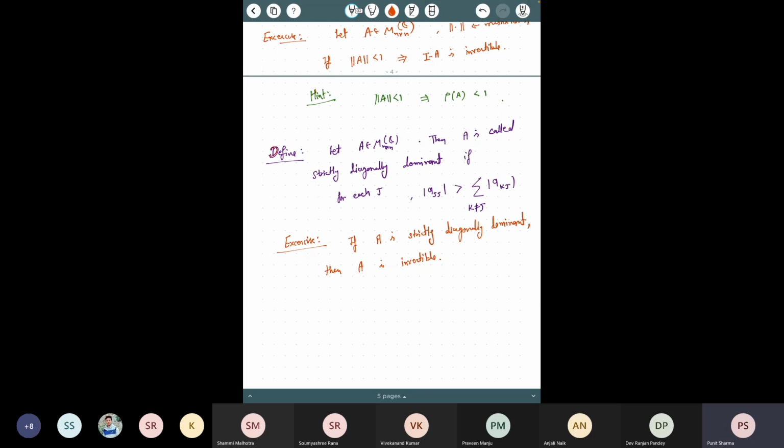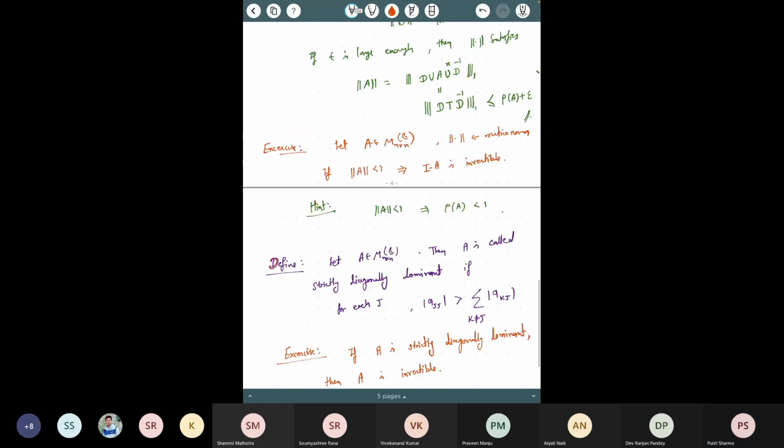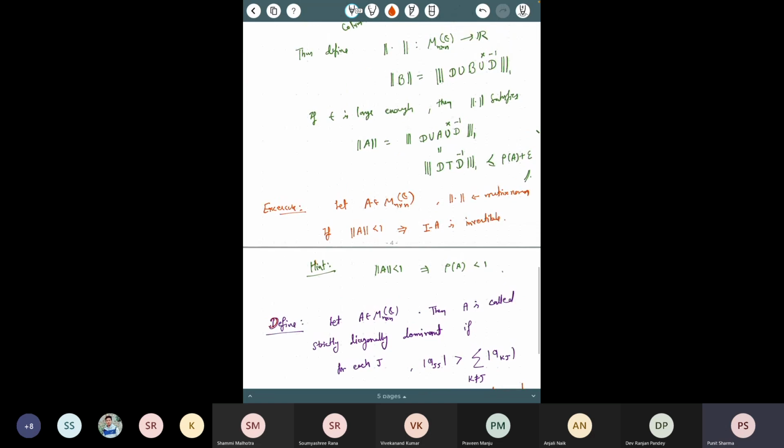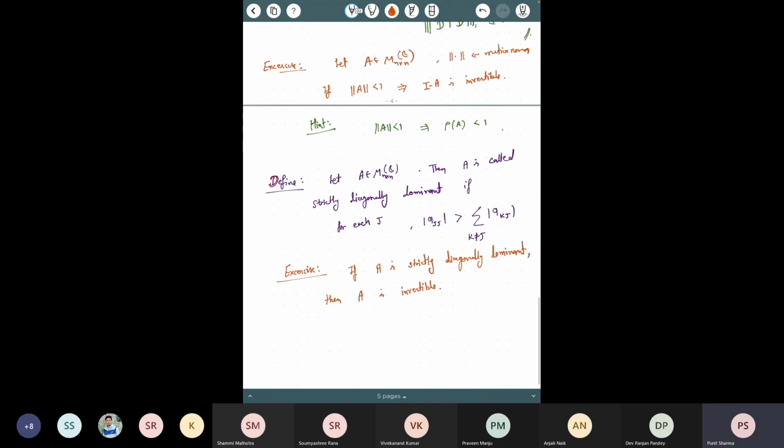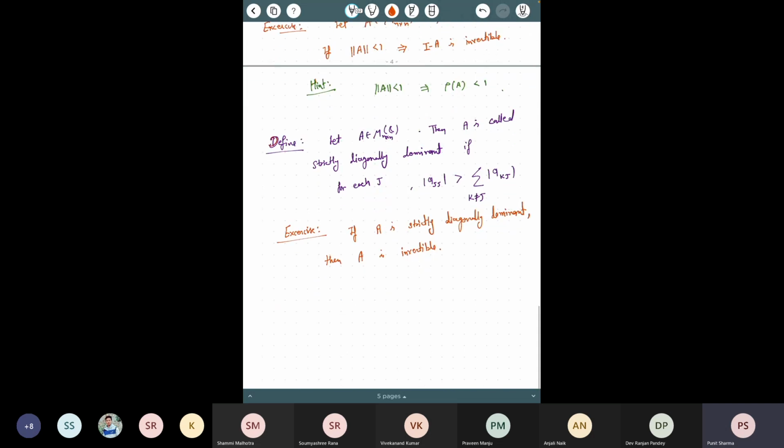You try to use whatever we have done, so try to use the previous result, that rho(A) is less than or equal to norm of A. You need to think about how you can do that.